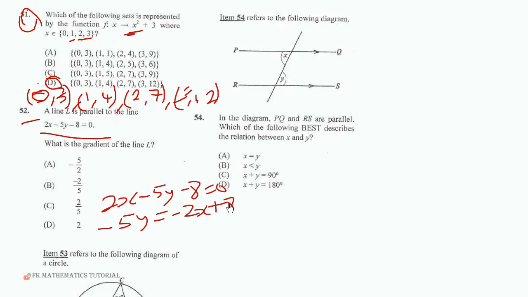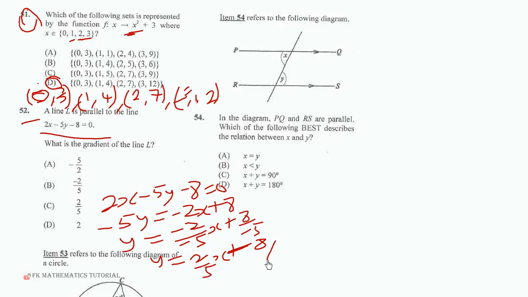Dividing through by negative 5, you get y equals negative 2 over negative 5 x, plus 8 over negative 5. So y equals 2 over 5 x minus 8 over 5. So the gradient, from y equals mx plus c, the m here is 2 over 5.